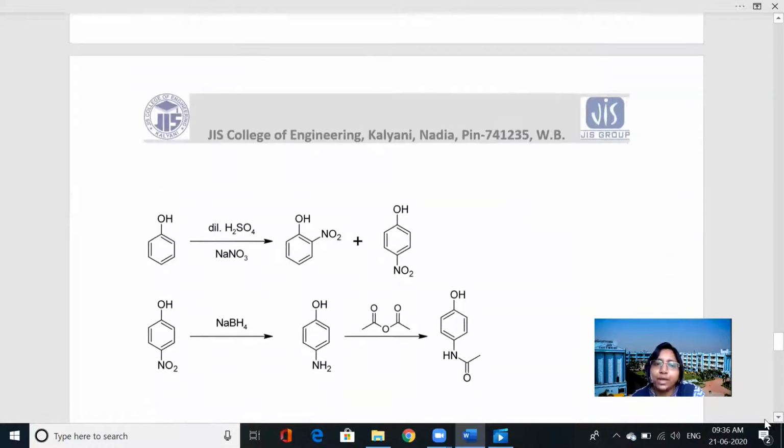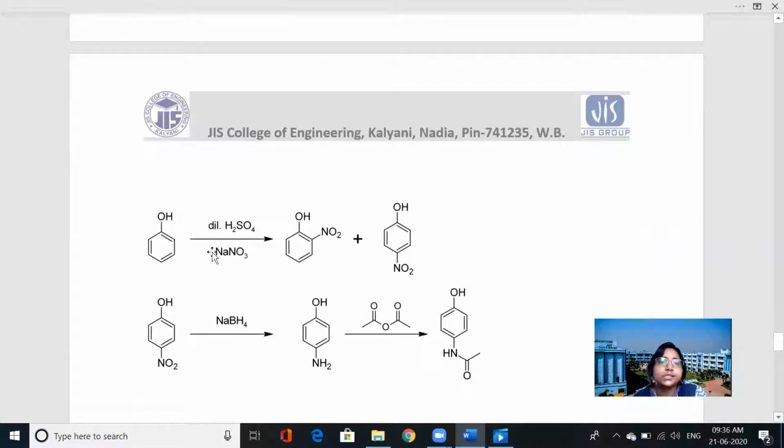First, we take the phenol, then it is treated with dilute H2SO4 and sodium nitrate. Then we get orthonitrophenol and paranitrophenol. So paranitrophenol is treated with sodium borohydride and we get para-aminophenol, 4-aminophenol. Then it is treated with acetic anhydride and we get our paracetamol.